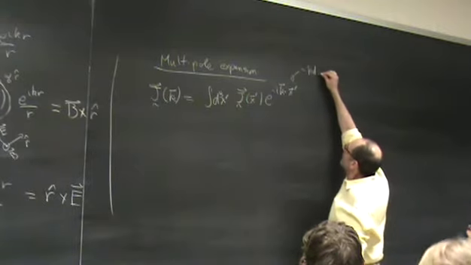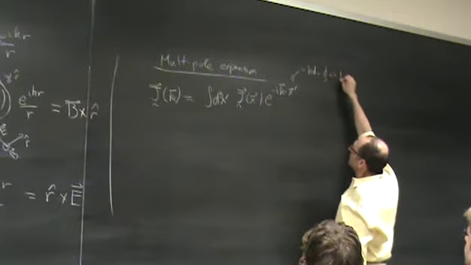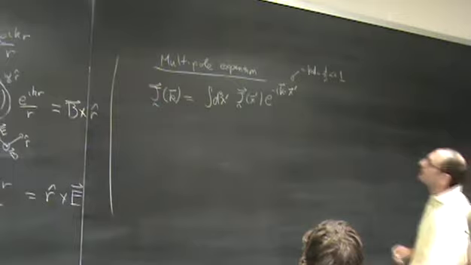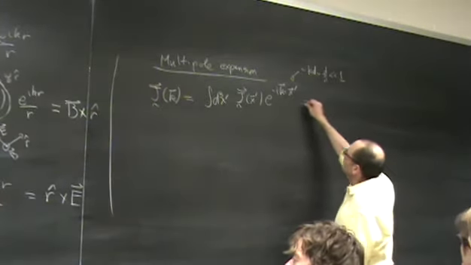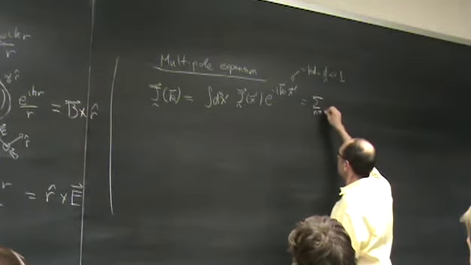So this is d over lambda, which is much, much less than 1. Now we make this approximation that this is small, we can then do a power series expansion.